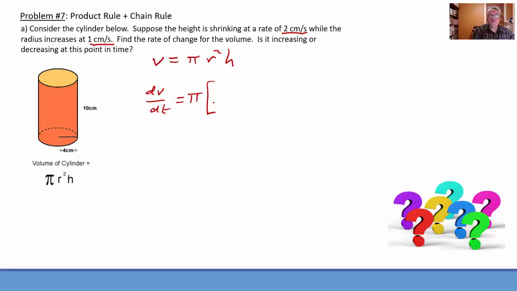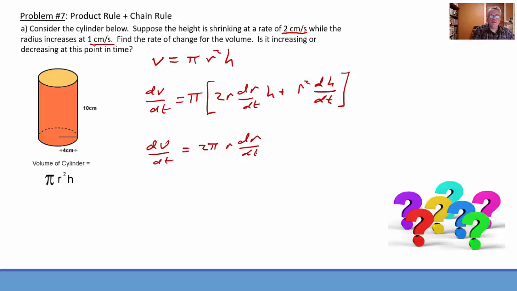It's the derivative of the first, 2r dr/dt, times the second, plus the first times the derivative of the second function, dh/dt. Okay, so we get dV/dt equals 2 pi r dr/dt plus pi r squared dh/dt.